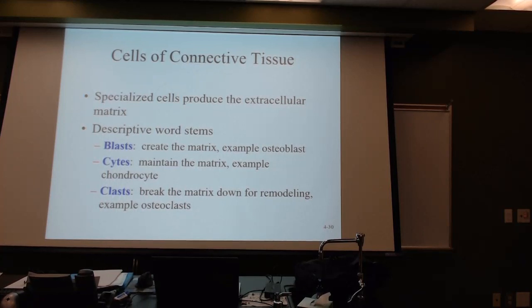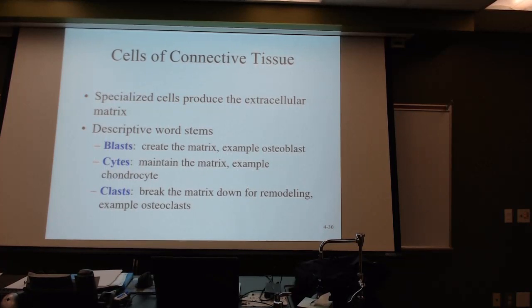And then a clast. This would be a cell that can break the material down. For example, an osteoclast. You all know that as we pretty much go through life, our bones are constantly remodeling, right? They build up, break down through our entire life, okay? So that is a cell that will break it down.